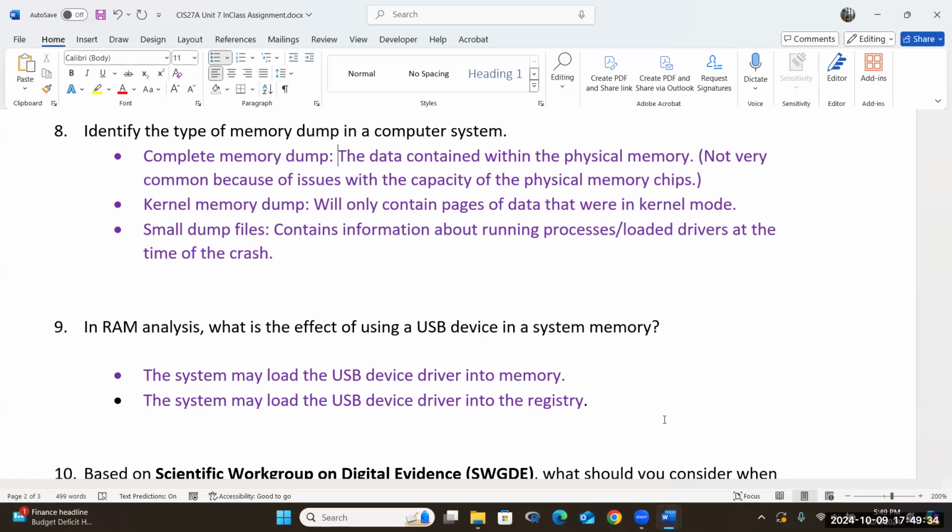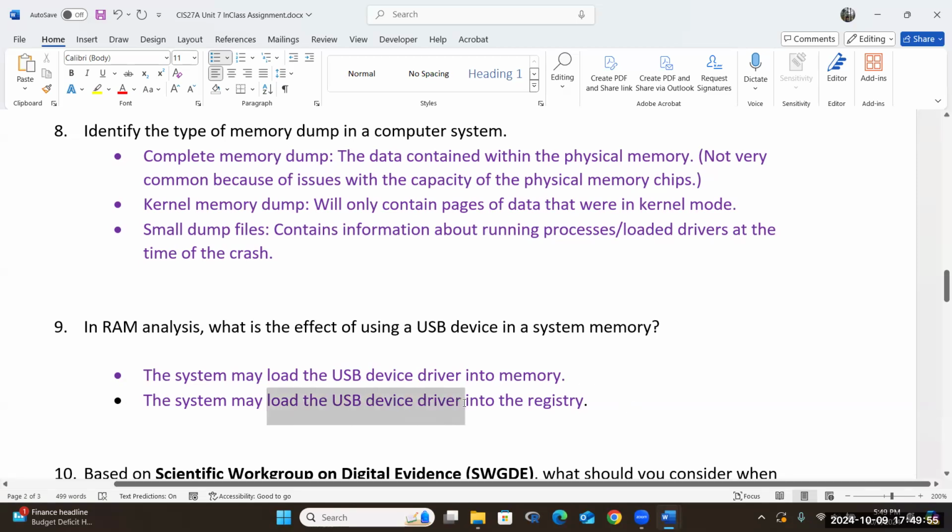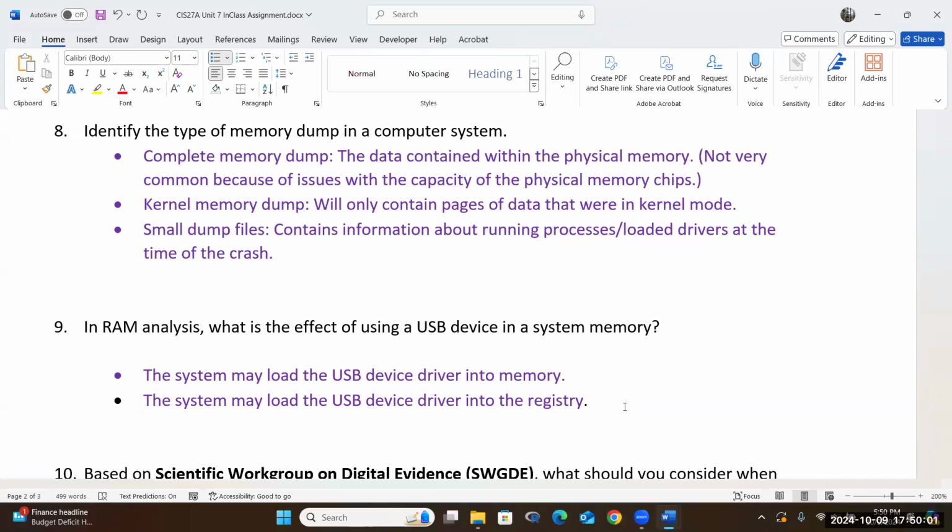And in a lot of cases, you know how you plug in a USB and it opens up another window to show you your USB content, right? That's an autorun that's initiated, and that comes from the driver of the USB. So with that, it would load the driver into the Windows registry. Okay.